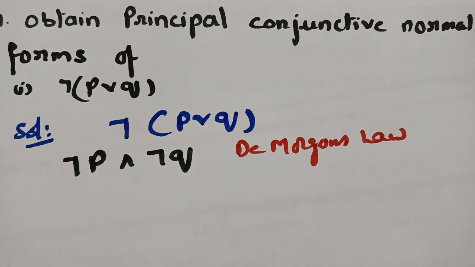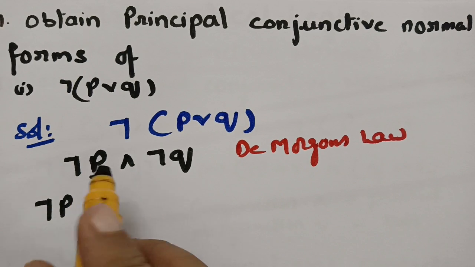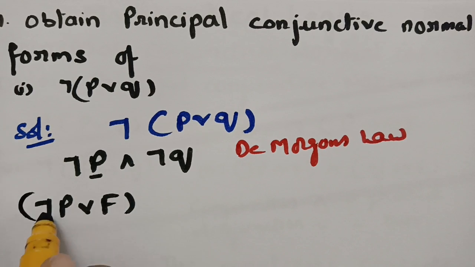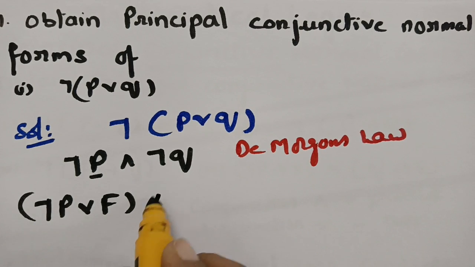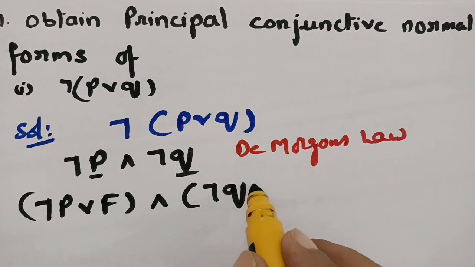According to our principal conjunctive normal form, there is a variable P, so what is missing here? Q is missing. I have to add Q. For that, negation P or F, and next one, this is negation Q. Here there is Q. What is missing? P is missing.